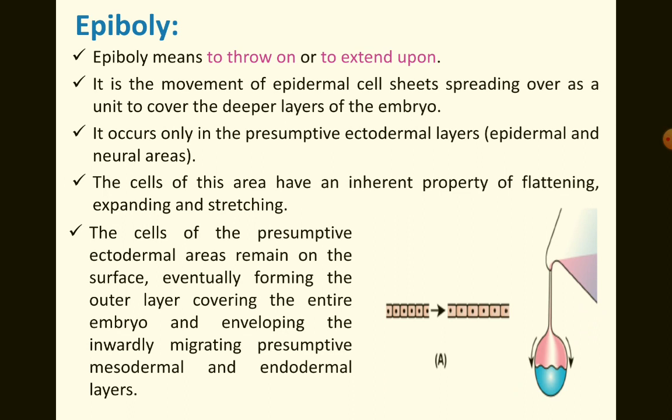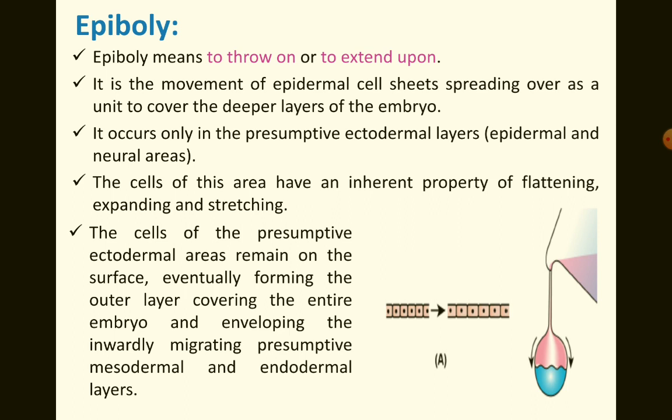Now in this diagram A, you can see that the cells have become a little flattened out and look stretched out. So the cells have to be a little flexible so that they can cover the whole area of this developing embryo.